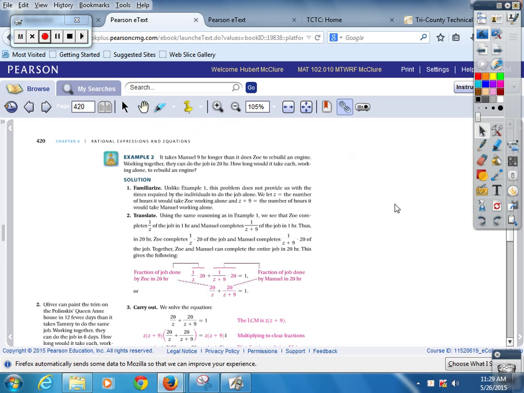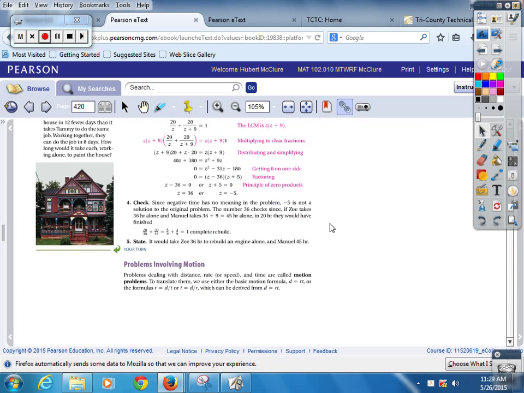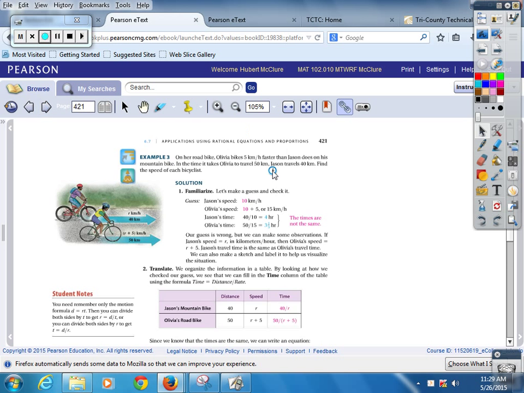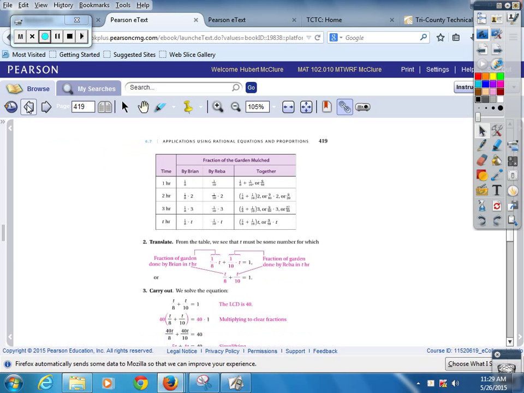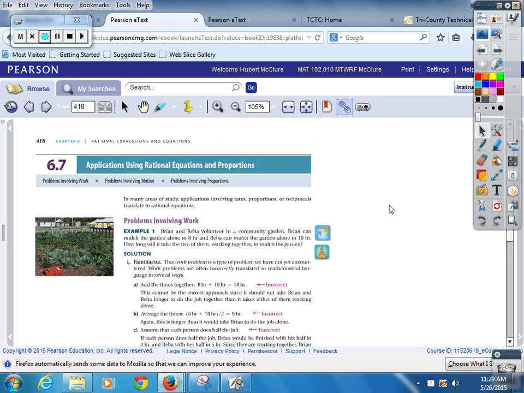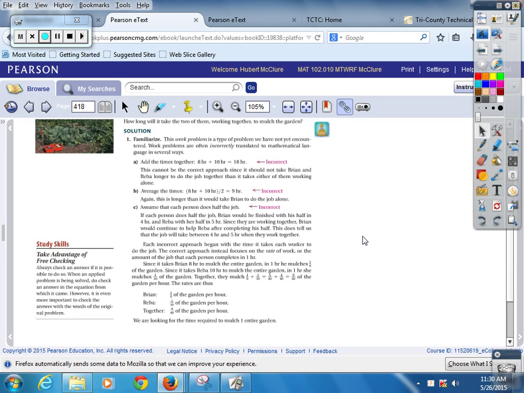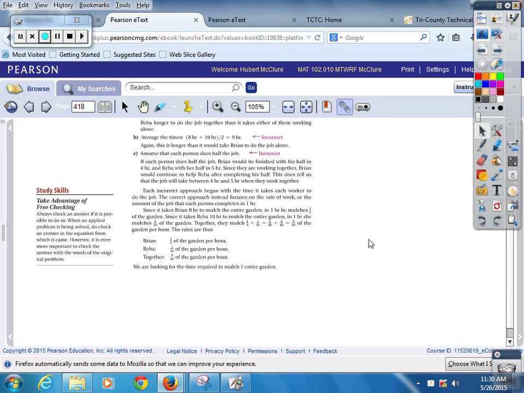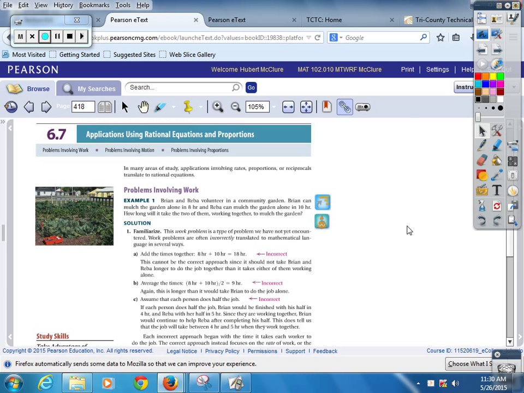Yeah, but you have to read to understand what these are. I guarantee you're going to understand these when you get through.